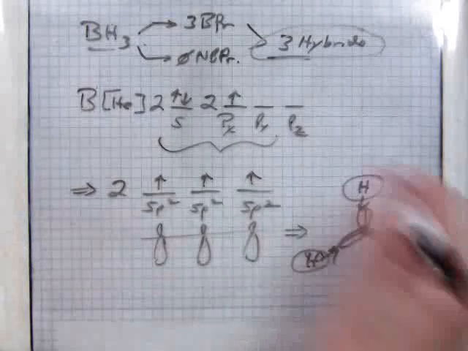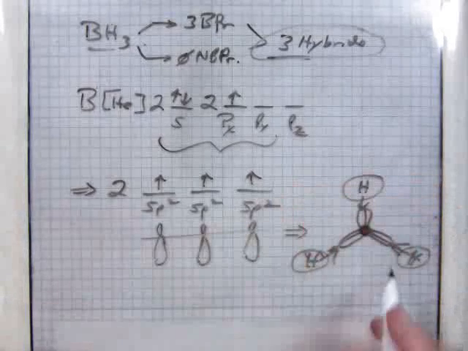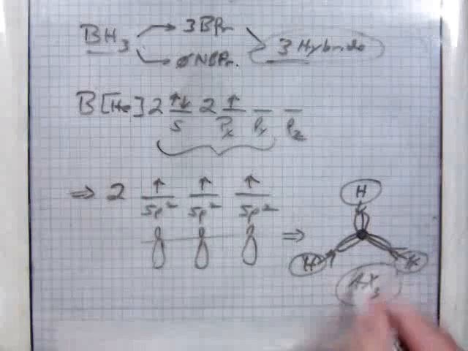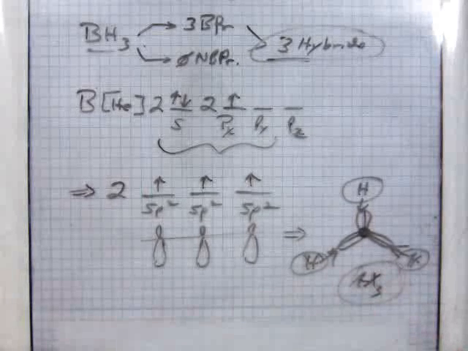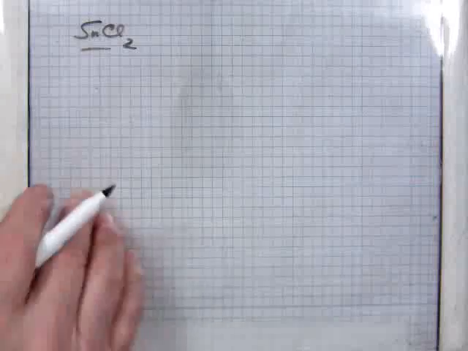So what do we call this? Trigonal planar, based on an AX3 parent. Now, what happens if you have non-bonded pairs in it, like in the stannous chloride, SnCl2?